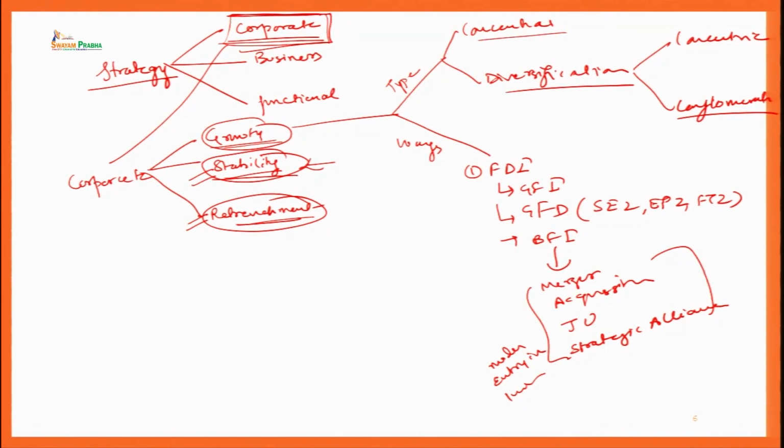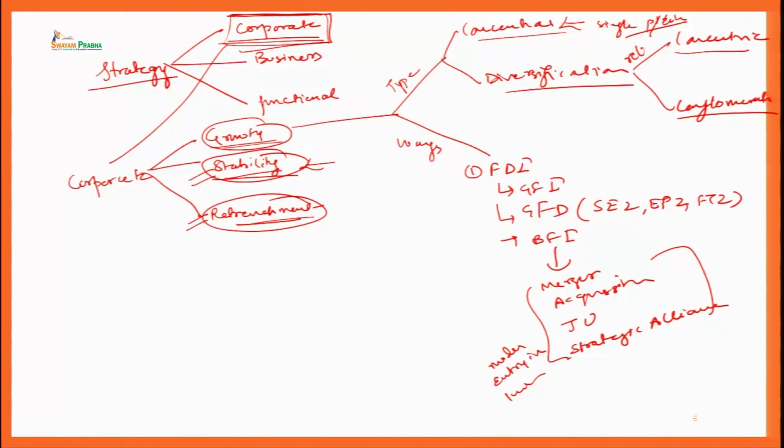Now let's try to understand what concentration is. You try to confine your business to a single product line. You are not changing the product line, right? You are in dairy products, you continue to be in dairy products. So that's how you try to concentrate.